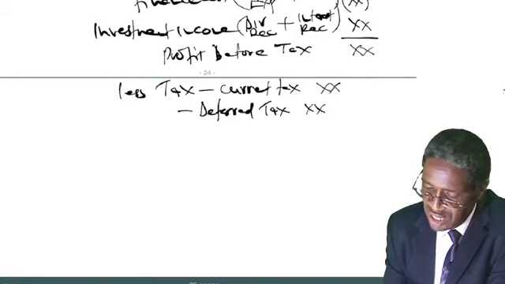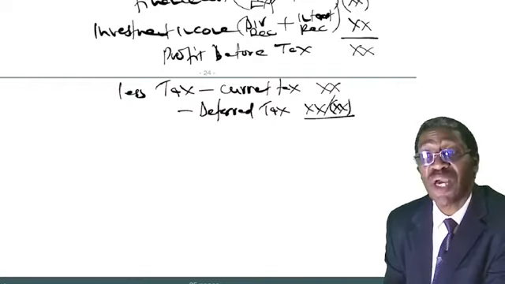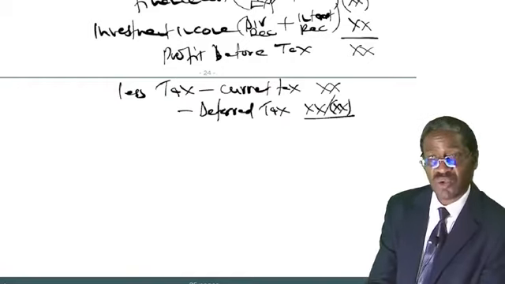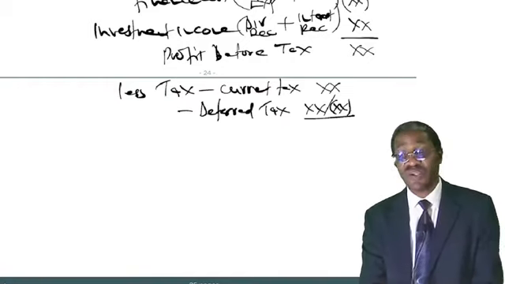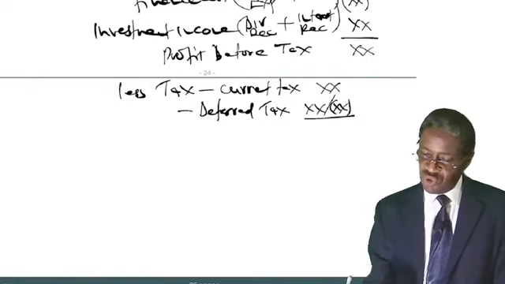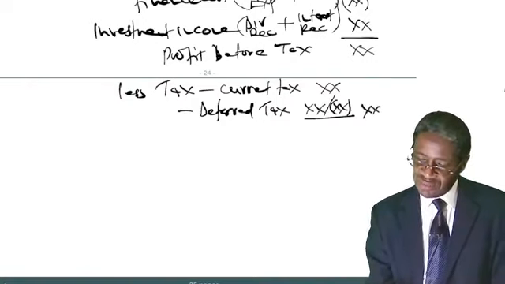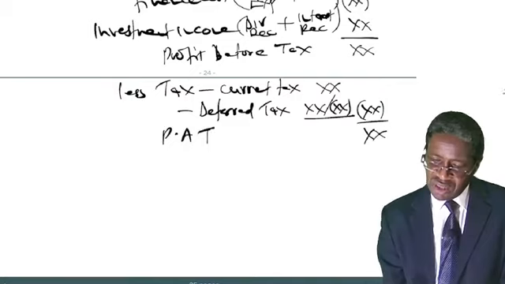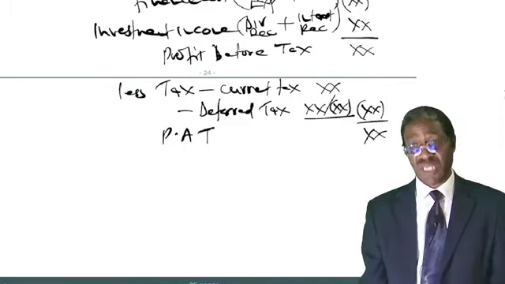There are times you add, there are times you minus, depending on the way the question has been set. We shall discuss in a short while how to determine whether to add or subtract the deferred tax. Then get the net, and get what we have called profit after tax.